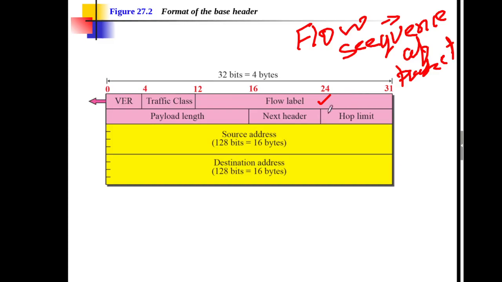So a router that supports the handling of flow labels has a flow label table. This table has an entry for each active flow label. Each entry defines the services required by the corresponding flow label. When the router receives a packet, it consults its flow label table to find the corresponding entry of the flow label.